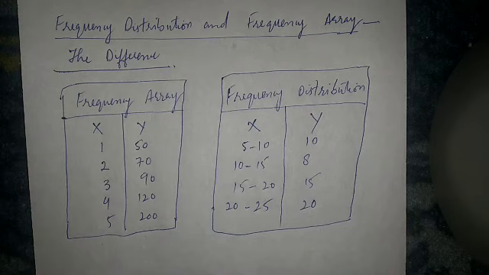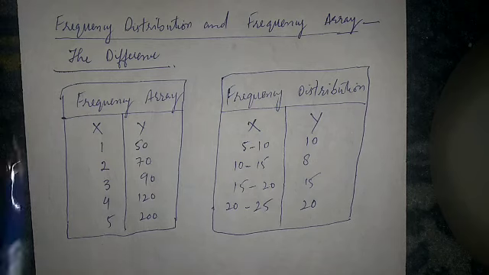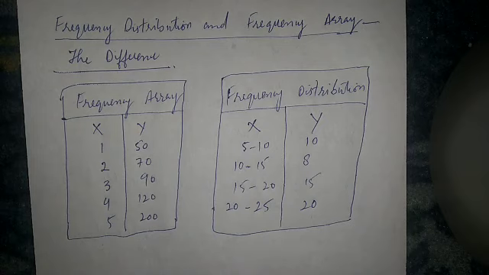The difference lies in the fact that in case of frequency arrays, the x variable must be a discrete variable.